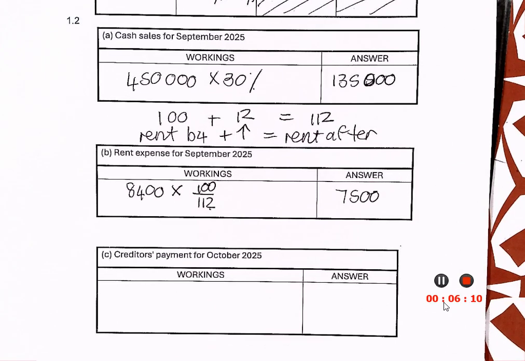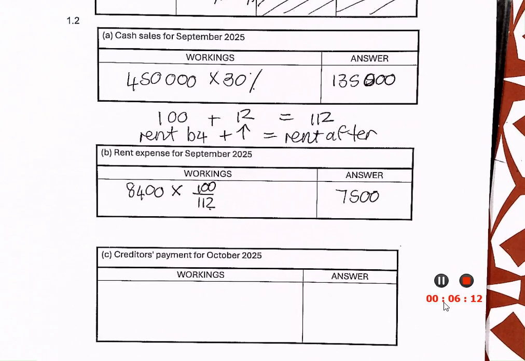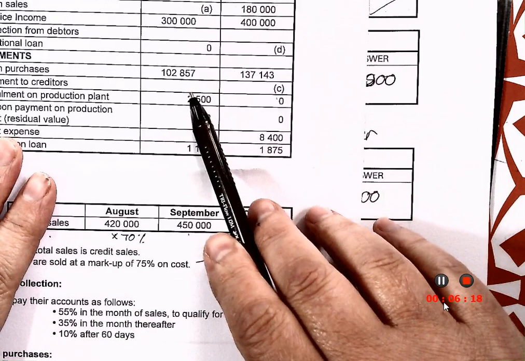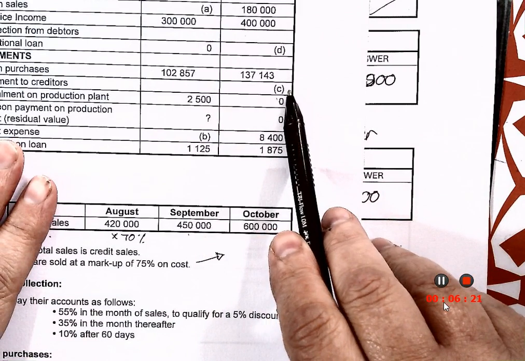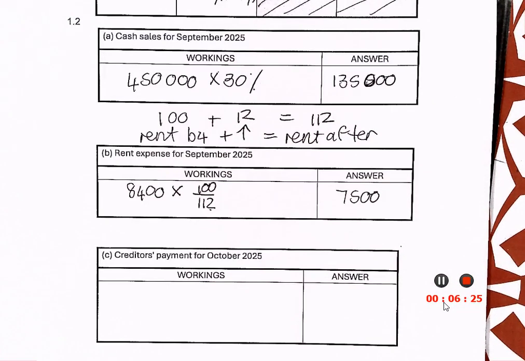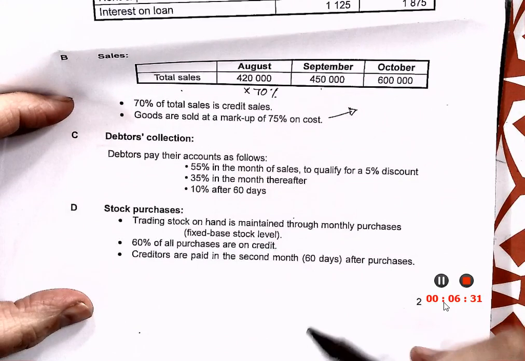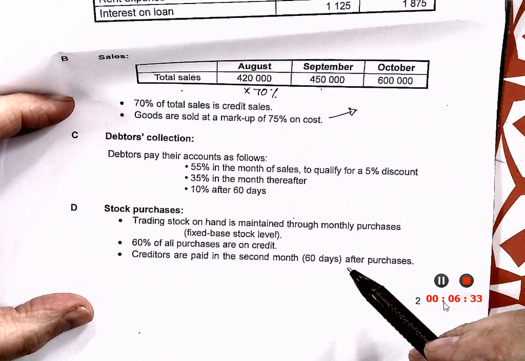Creditors payments for October. So I see on the budget they give me nothing for September, but I need October. So I'm not going to look at that. I'm going to look at the information they give. They tell me trading stock is maintained through monthly purchases.